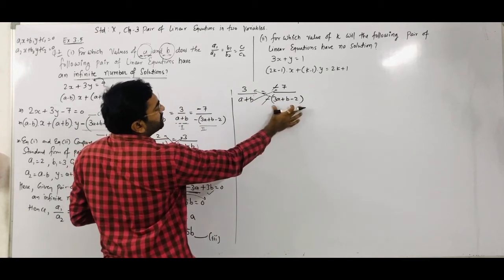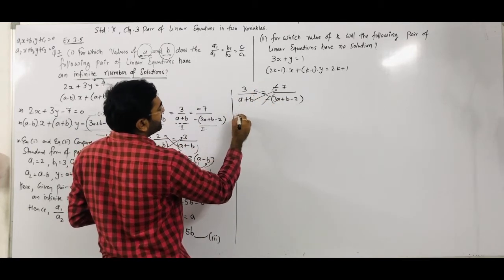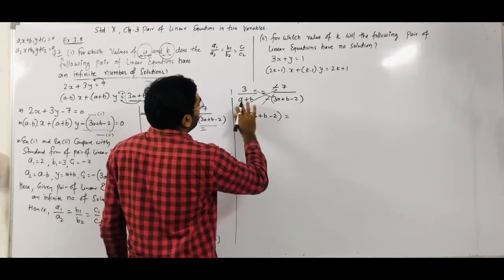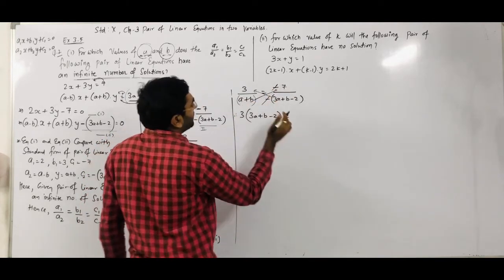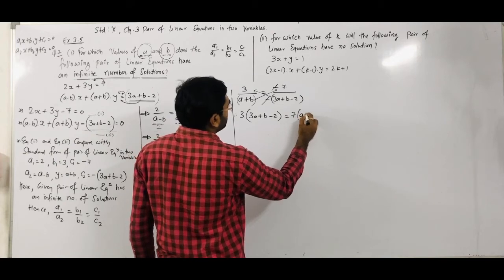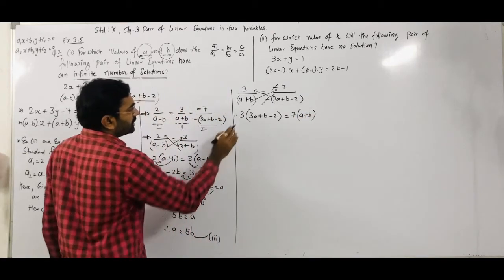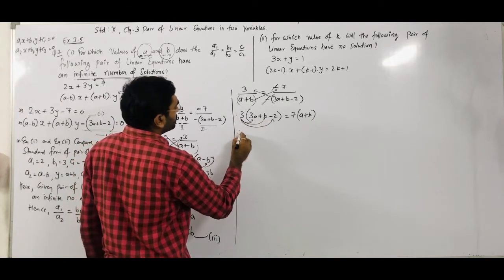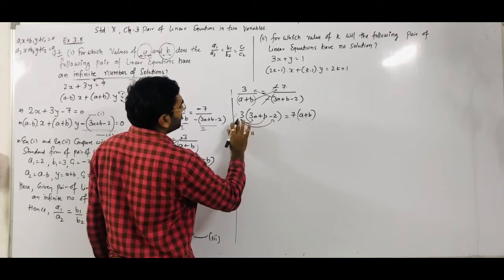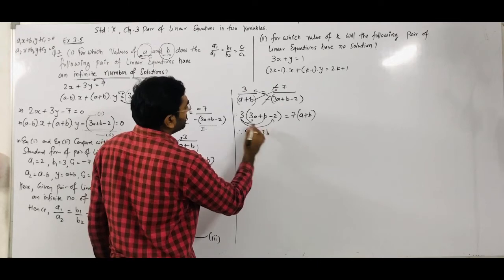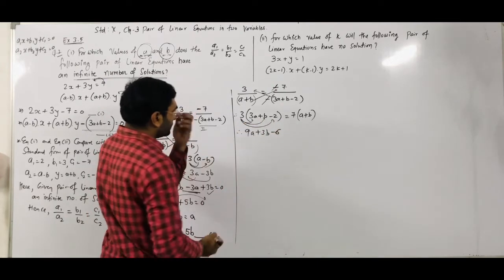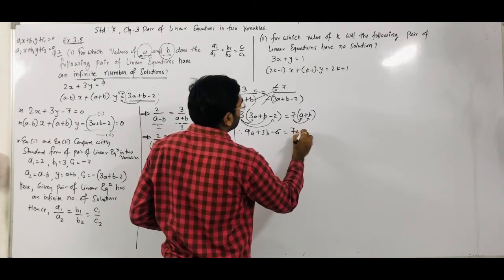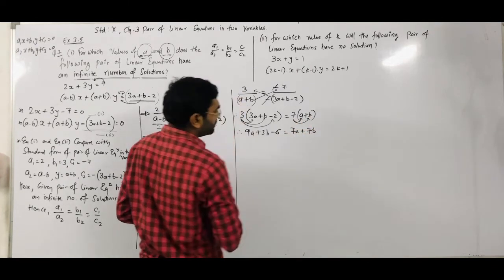So (3a + b - 2) is multiplied with the left hand side numerator 3, and (a + b) is multiplied with the right hand side numerator 7, so 7(a + b). Now that 3 is multiplied inside the bracket of all three terms, so 3 into 3a is 9a, 3 into b is 3b, 3 into minus 2 is minus 6, is equal to 7 into a is 7a plus 7 into b means 7b.